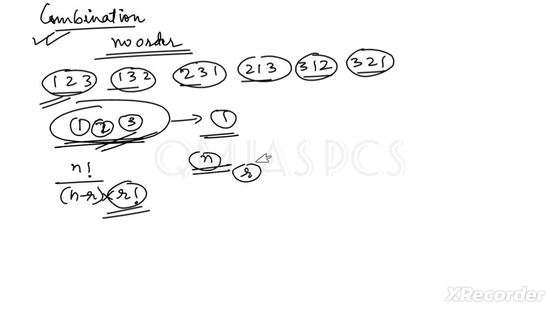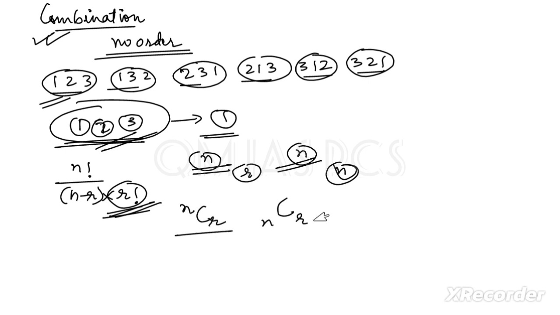If there are n objects and we are taking n at a time, in that case we have to divide by n factorial. So like this we have to represent it in nCr, and the formula is factorial n divided by factorial n minus r, and again r factorial.